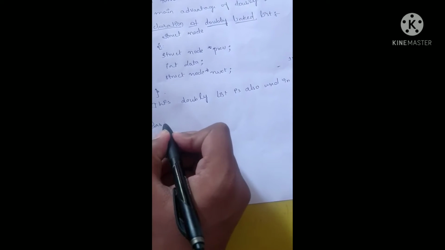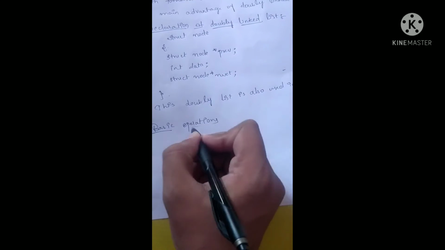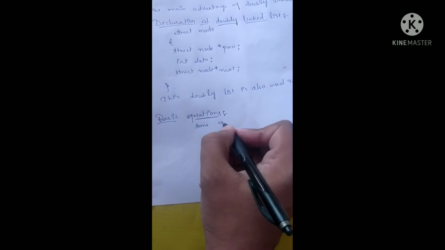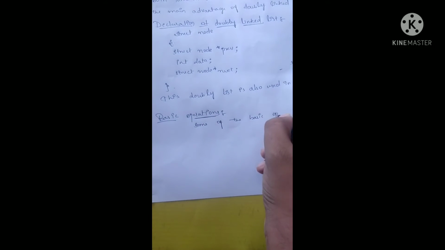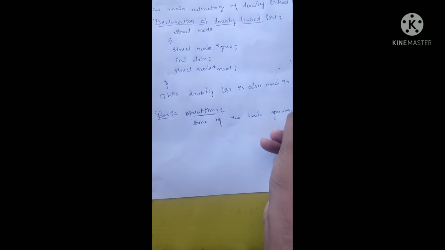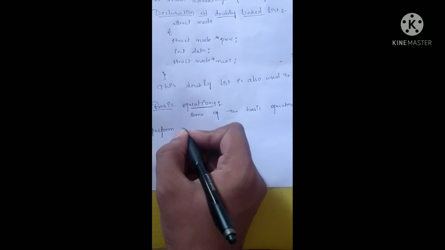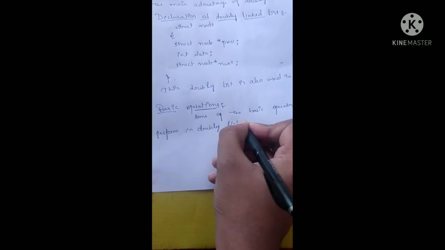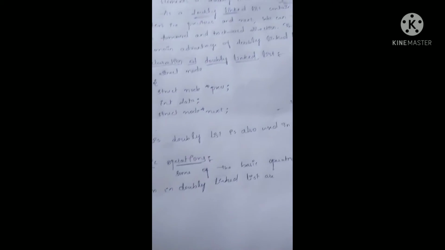So what are the basic operations we are going to perform in this doubly linked list? Some of the basic operations we can perform in a doubly linked list are, as we know, first insertion.